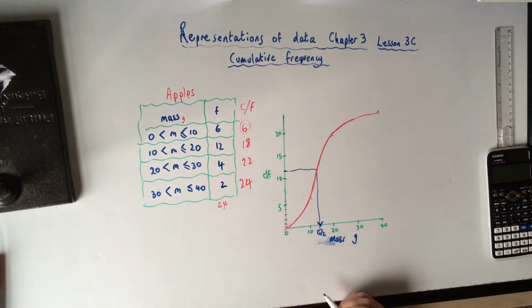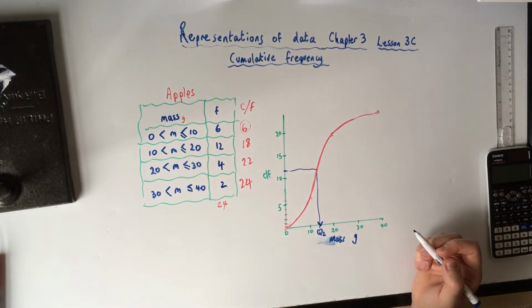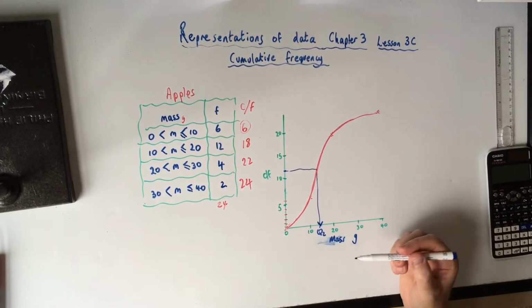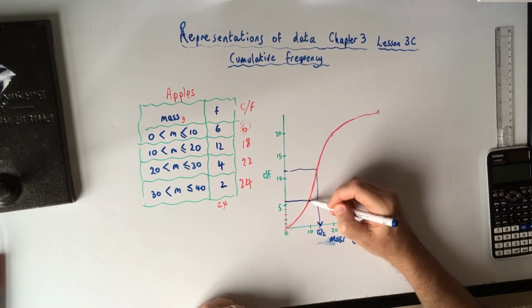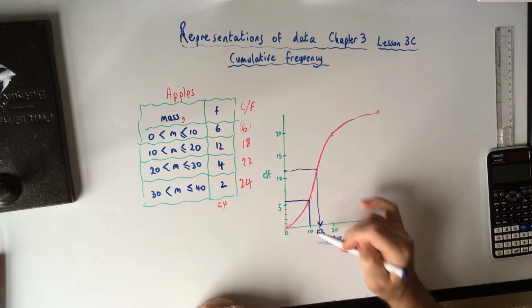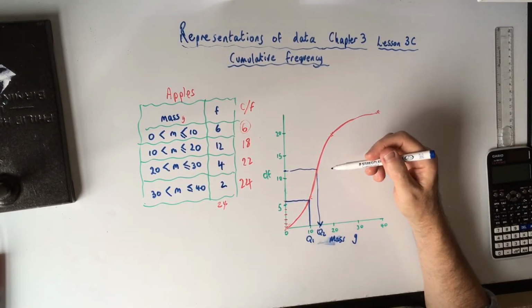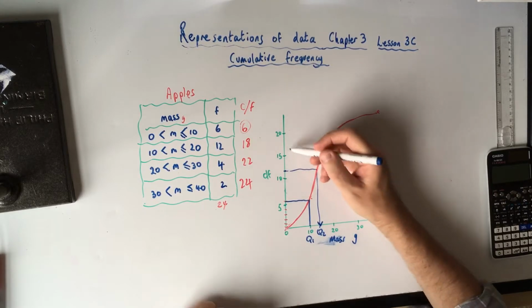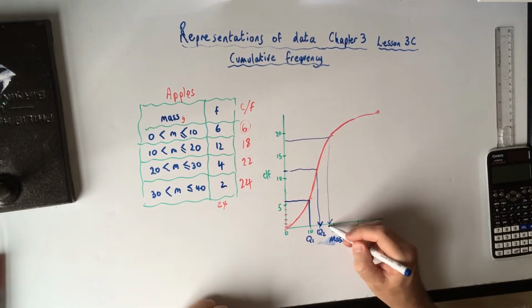If you wanted to work out Q1, the lower quartile, so your 24 divided by 4, which is 6, you read across from 6 and down. And it's actually 10 grams, isn't it? That's Q1, and 6 of these are 18, so across from 18, and that's Q3.